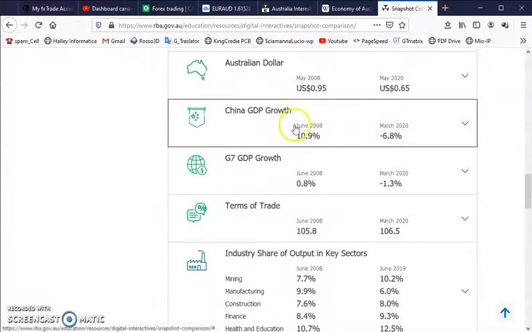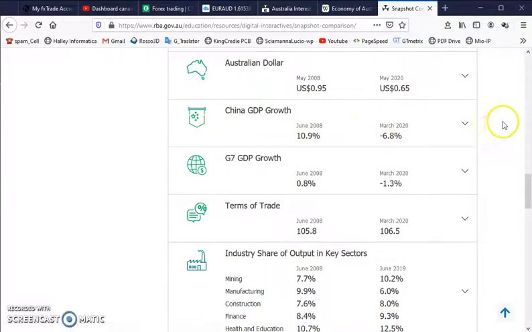and we can see China GDP growth was very high in June 2008, 11%, and now is negative 7%.